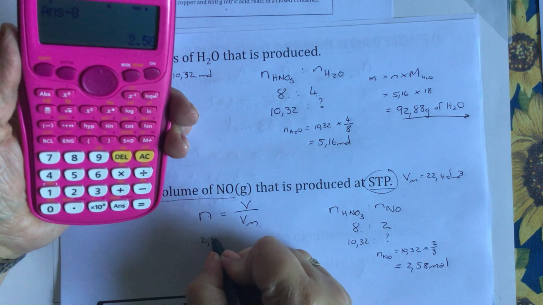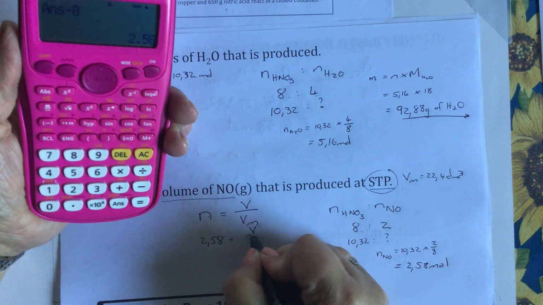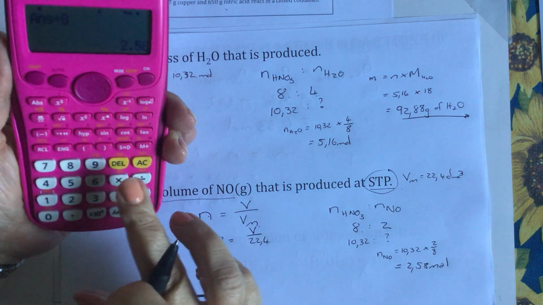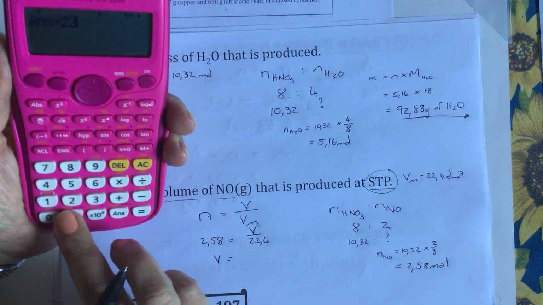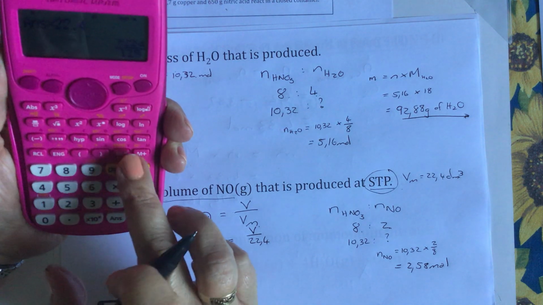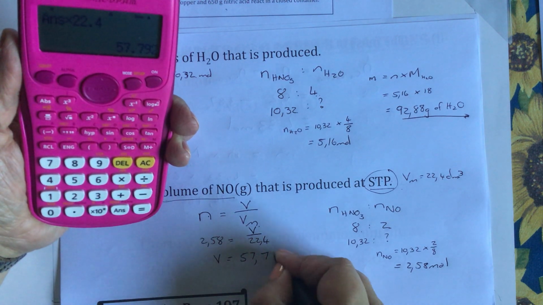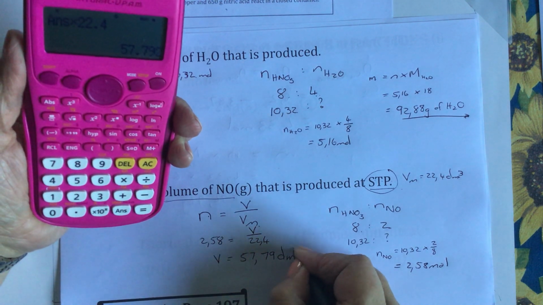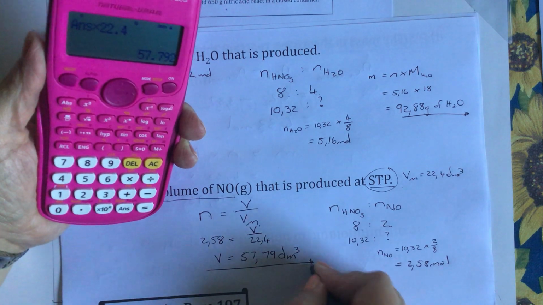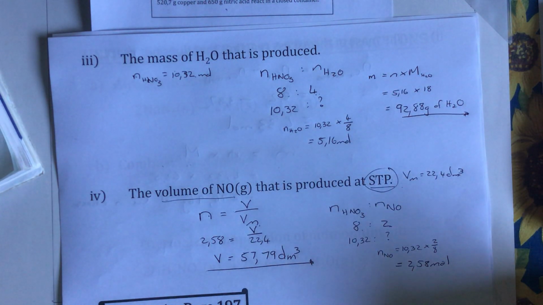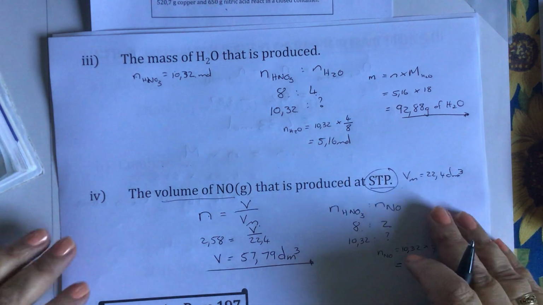So I have 2,58 is equal to the volume over the molar volume. So times that by 22.4 equals, and I get a volume of 57,79 cubic decimeters. Right, so that brings us to activity 1 on page 197 that you can go and complete.